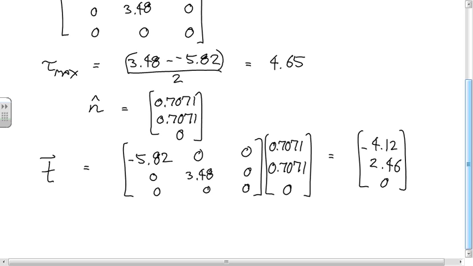Okay, so all right, so this is the total traction vector. Now we have to figure out how much of this traction vector is parallel to that normal vector. So we're going to take the dot product of this with the normal vector, right? So basically we have a vector like this.